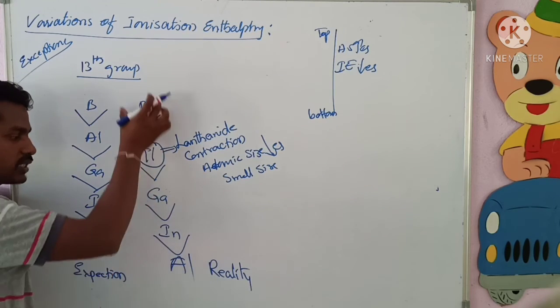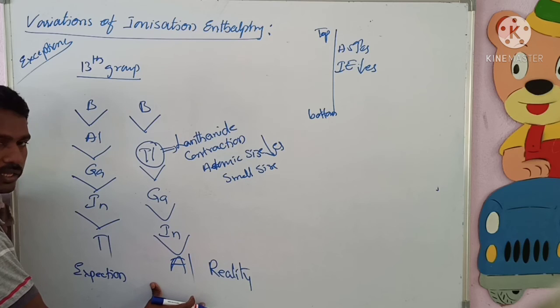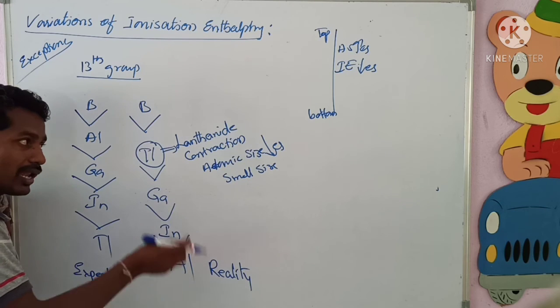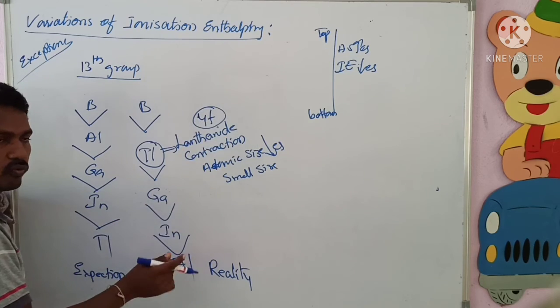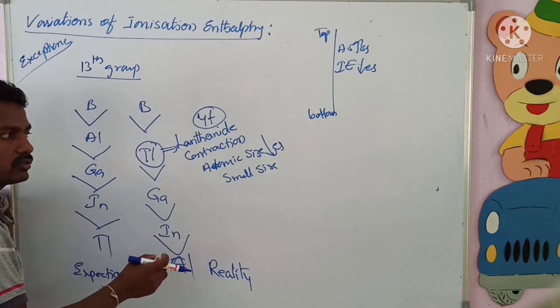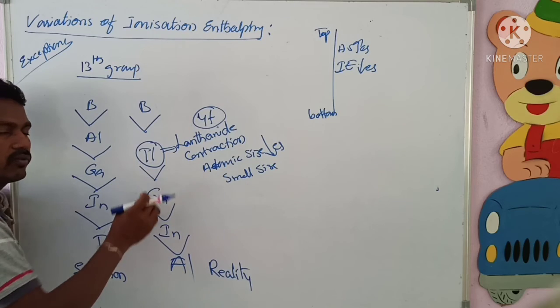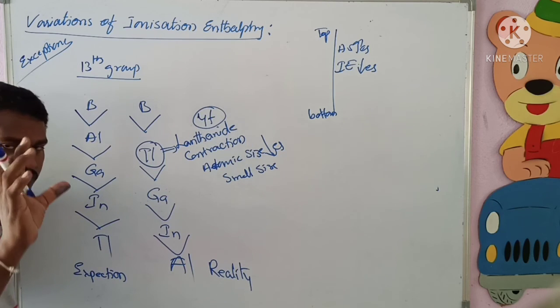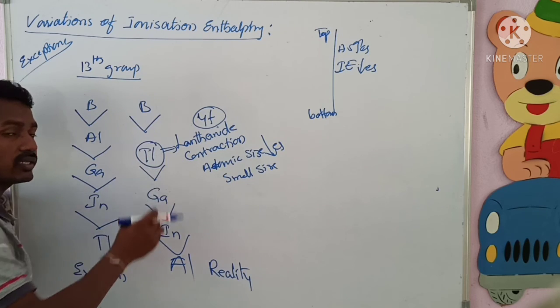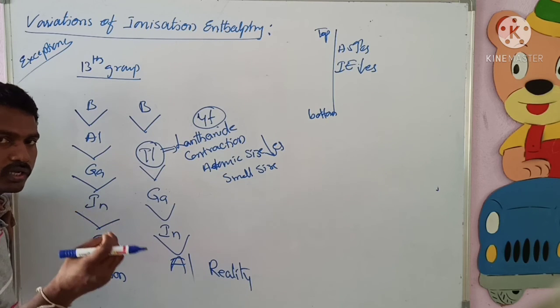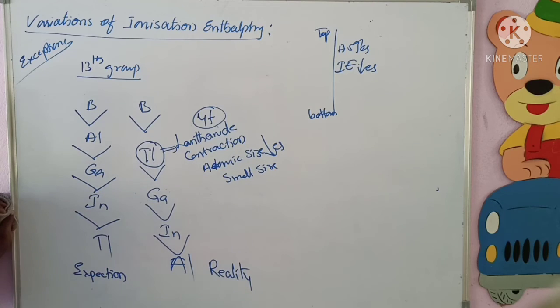Actually the size of thallium would be very big, but due to the lanthanide contraction the size is somewhat small. That's why thallium has a higher ionization energy in the 13th group.